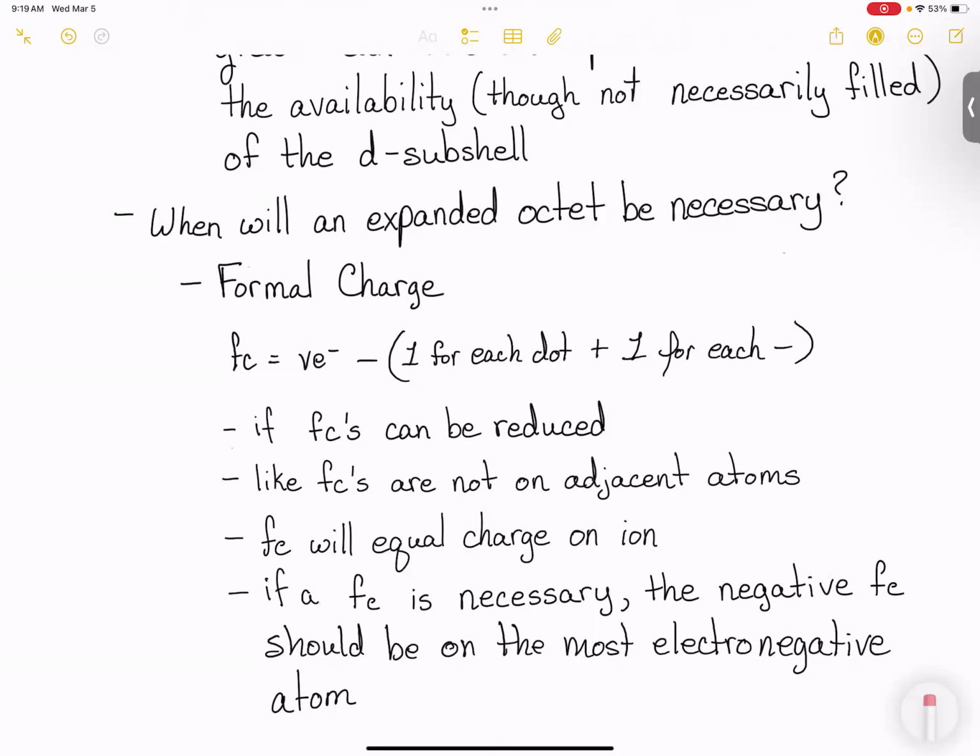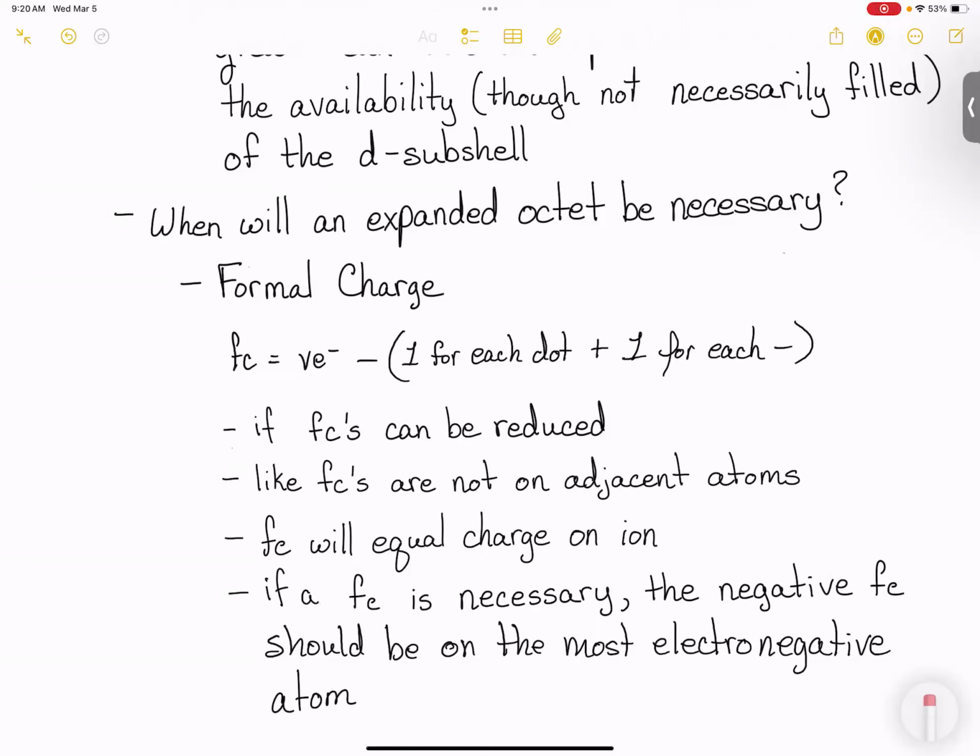One example where you will not get the formal charge to 0 is if you're dealing with an ion. If you're dealing with an ion, the formal charge is going to be equal to that of the ion's charge. Now, if formal charge must exist, meaning you could not get the formal charge to 0, then if there is a negative formal charge, it's going to be on the more electronegative atom.